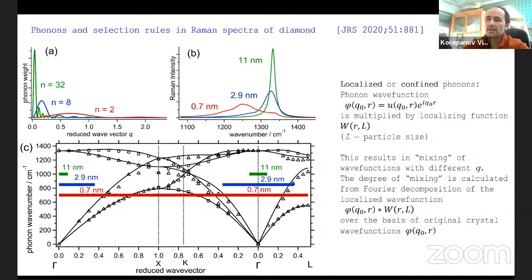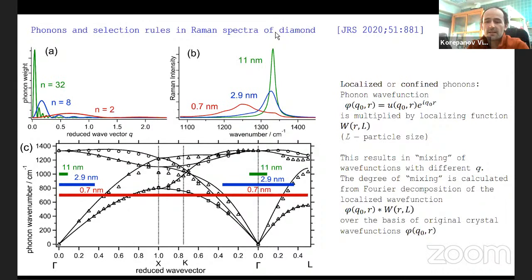But when we confine the crystal, we have some loosening or relaxation of the selection rules. One of the very efficient models to describe this is that we consider vibrations of a big, infinite crystal, and we localize them. We impose a localization function which actually represents your nanoparticle.